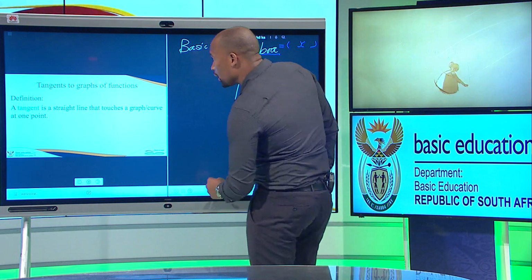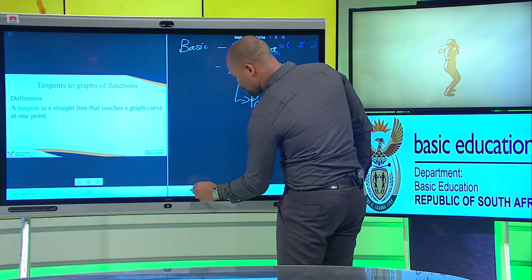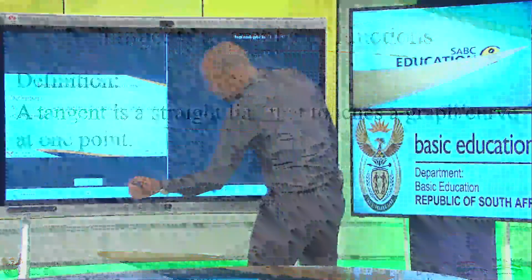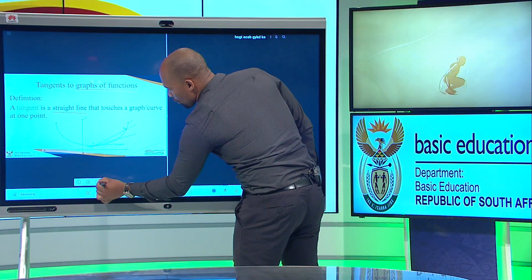What is a tangent of a graph? A tangent is a straight line that touches the graph of a curve at one point. For example, you're going to be having something like this.